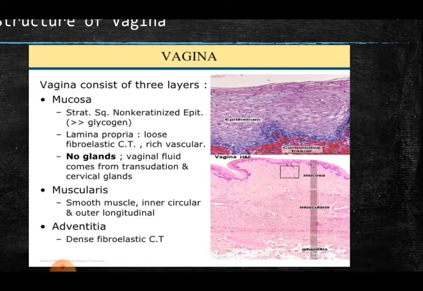And the bacteria that basically maintains the acidity of the vagina is the Lactobacillus acidophilus. So this is the bacteria named Lactobacillus acidophilus that maintains the acidic pH of the vagina to inhibit the growth of other microorganisms that can enter during the sexual intercourse and from the perineum.